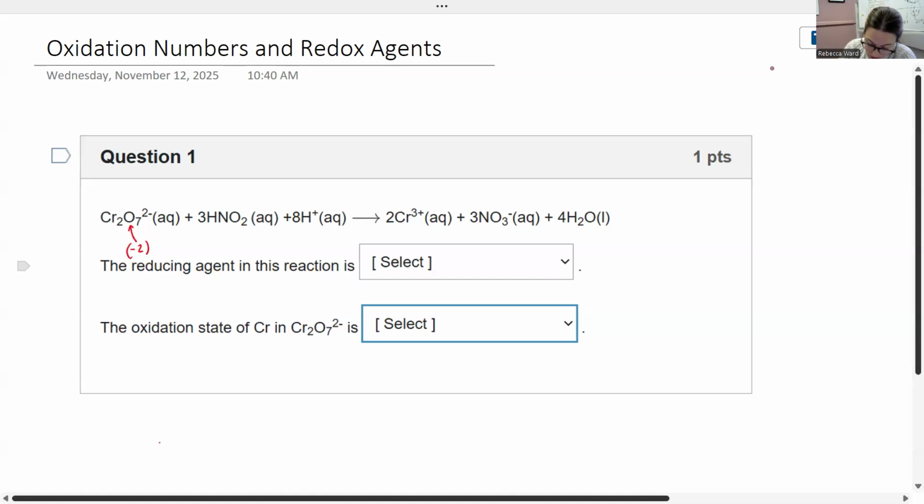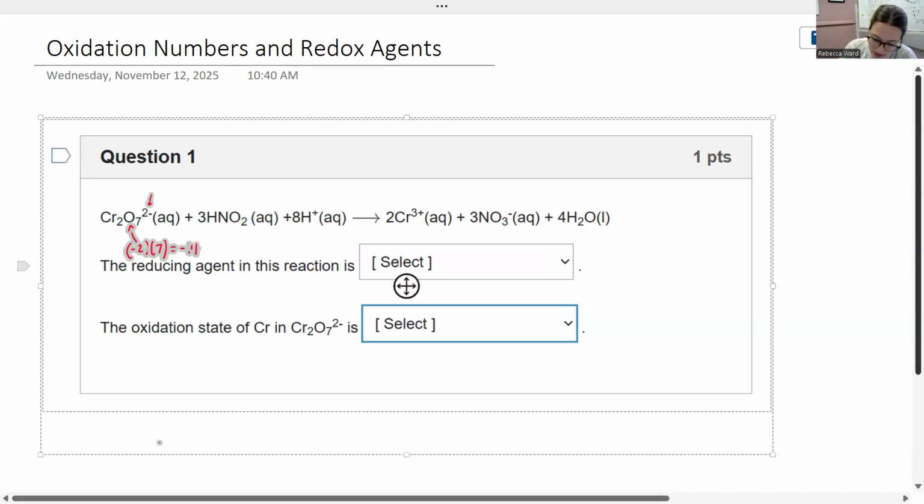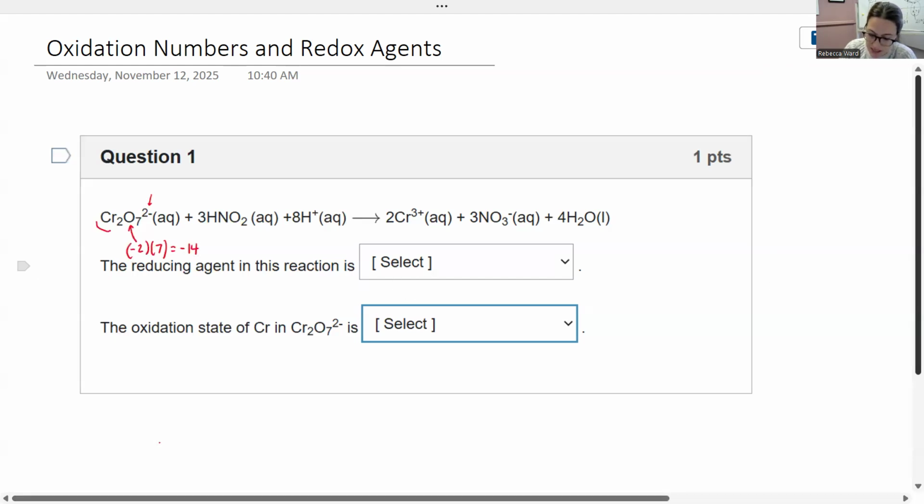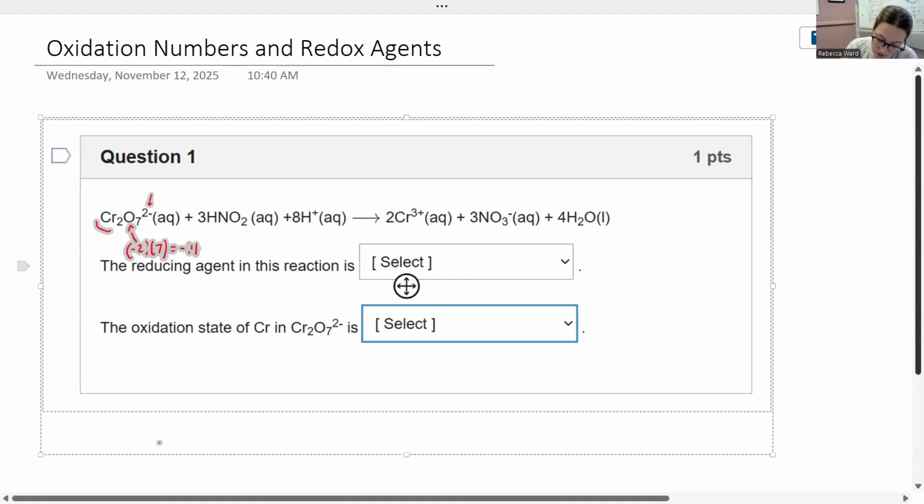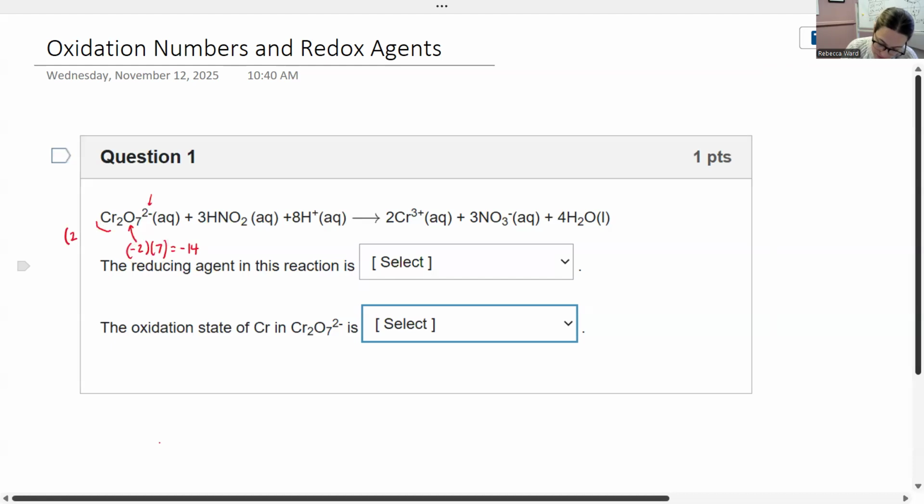So that's -2 times 7, so there's -14. The whole thing is 2 minus. So I need my chromiums to be a total of +12, and I have 2 of them. So that would be +6. So there's my second answer, but the first one that I can put in.